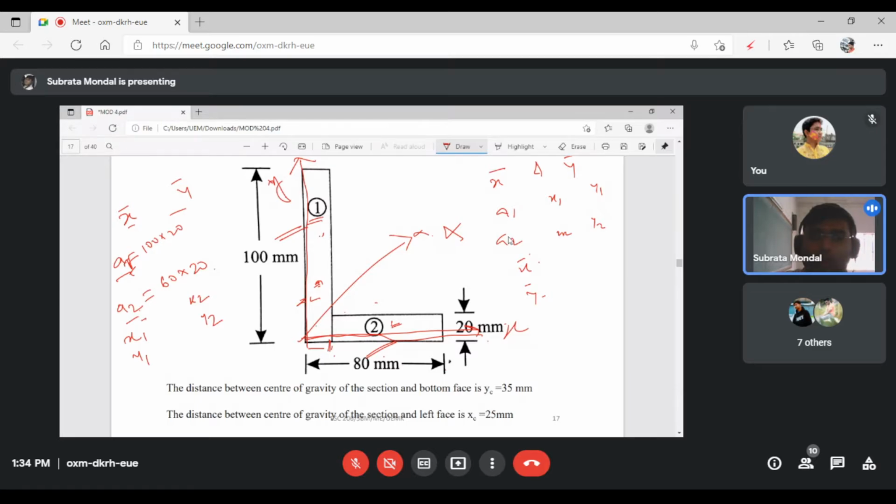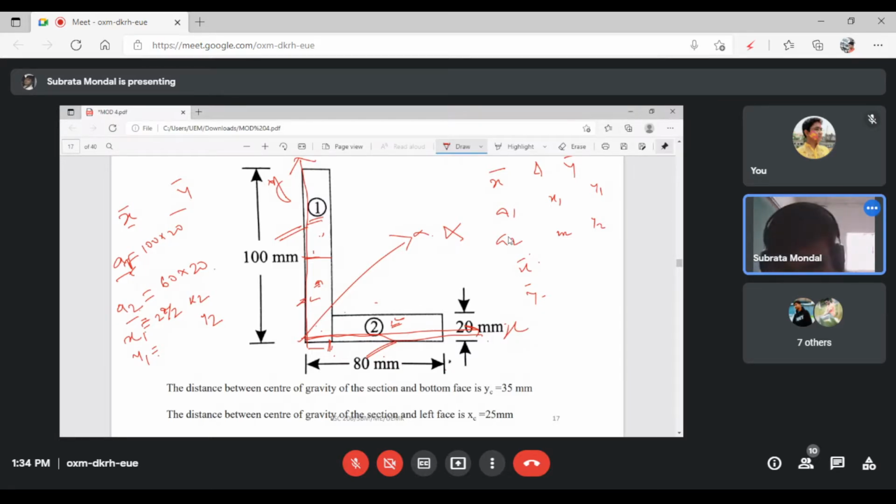So x1 is along this length, this 20, so 20 by 2. And y1 for this rectangle, don't think about section 2, just forget about it and concentrate on figure 1, this particular rectangle.